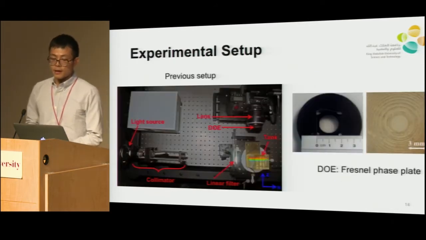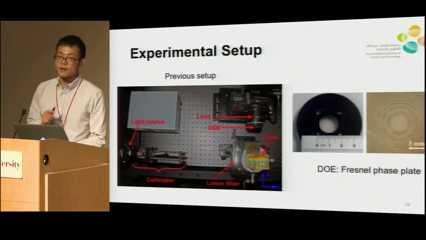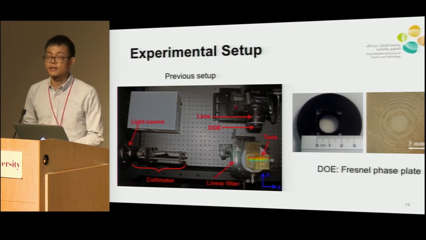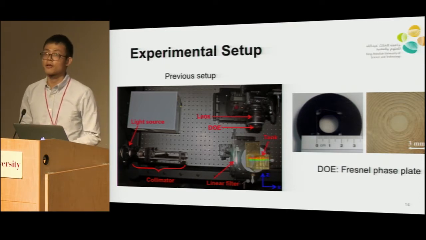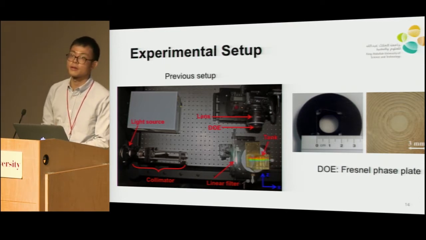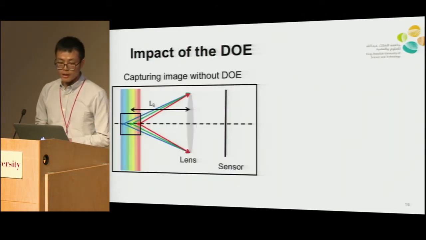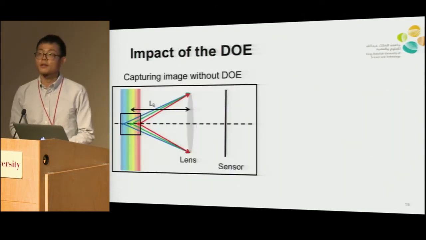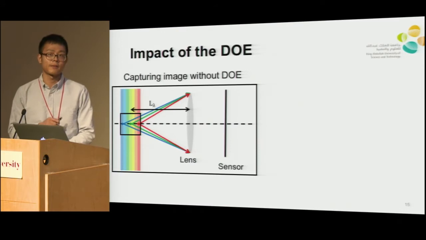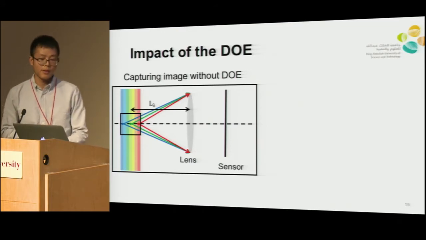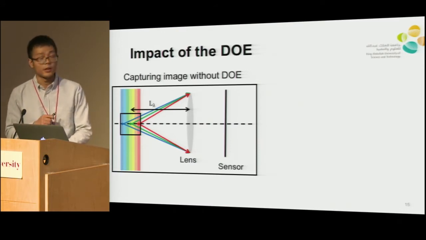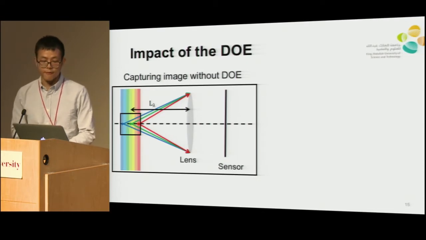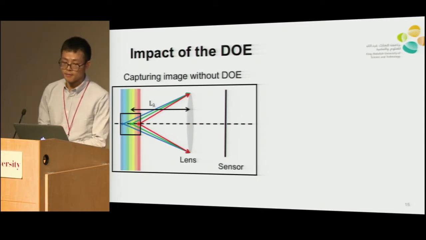Another component in our previous setup is the diffractive optical element for whole-in-focus imaging. So why do we want to use this element? Here is the thing. In our setup, the volume is illuminated by a continuum of light planes, so that the object distance for different wavelengths varies.